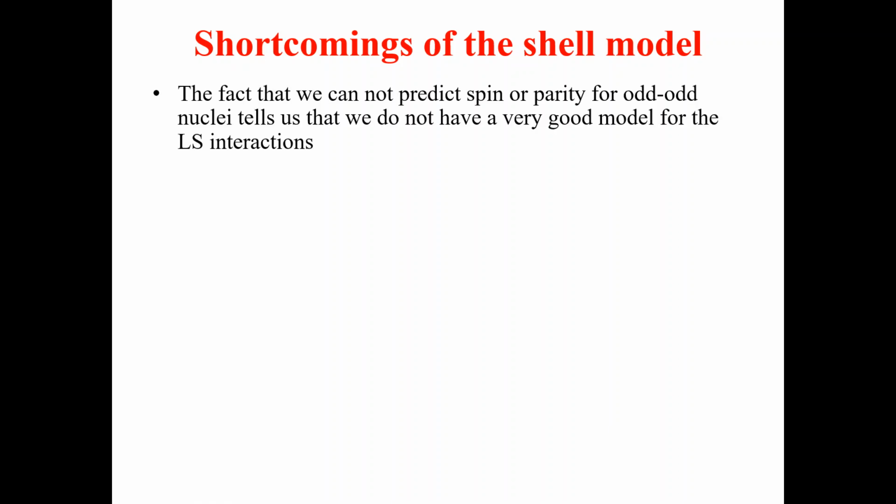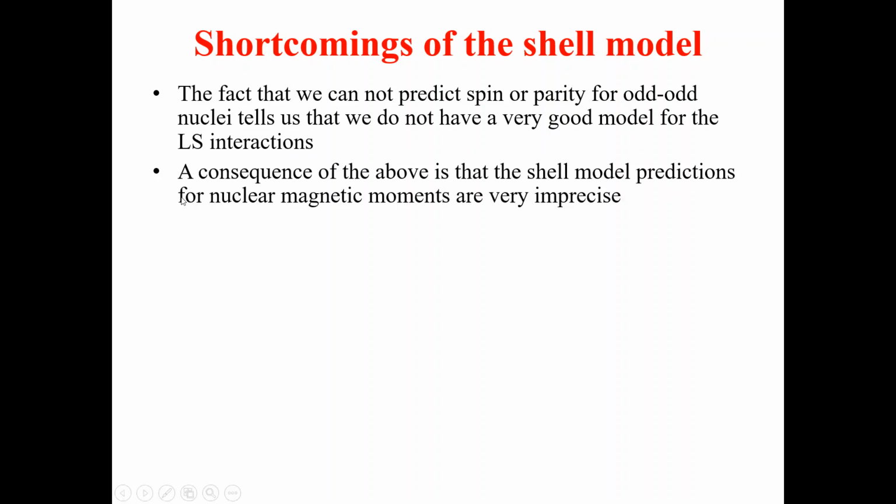What are the shortcomings of the shell model? Some of them include the fact that we cannot predict spin or parity for the odd nuclei. It tells us that we do not have a very good model for the LS interactions. A consequence is that the shell model predictions for nuclear magnetic moments are very imprecise.